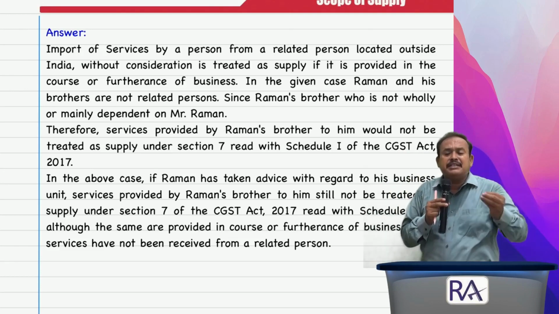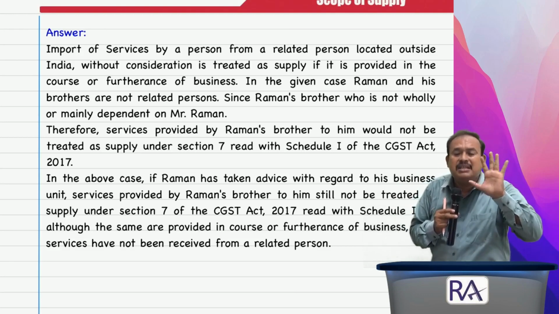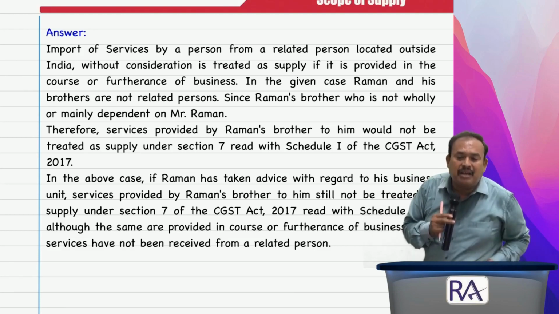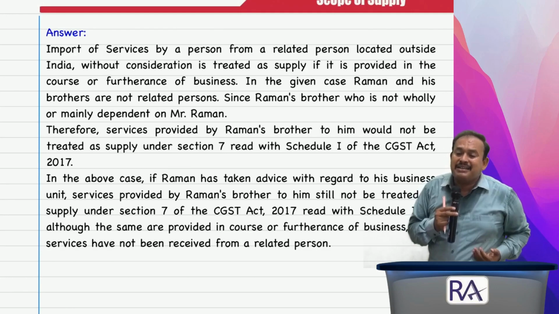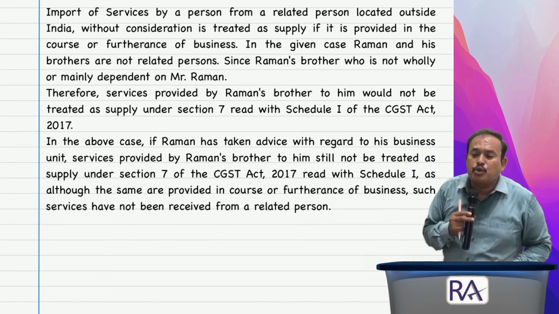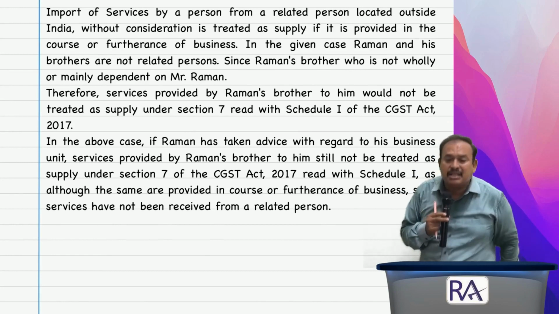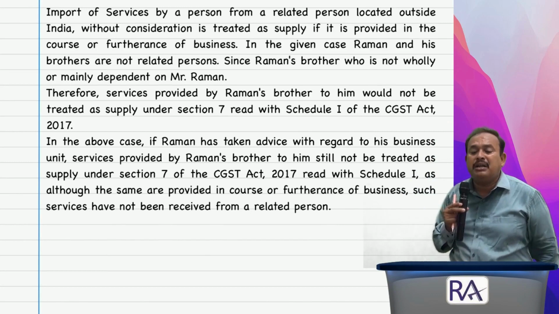Therefore, services provided by Raman's brother to him would not be treated as supply under section 7 of the CGST Act read with Schedule 1. Further, in the above case, if Raman has taken advice with regard to his business unit, the service provided by Raman's brother to him would still not be treated as supply under section 7 of the CGST Act read with Schedule 1, point number 4.